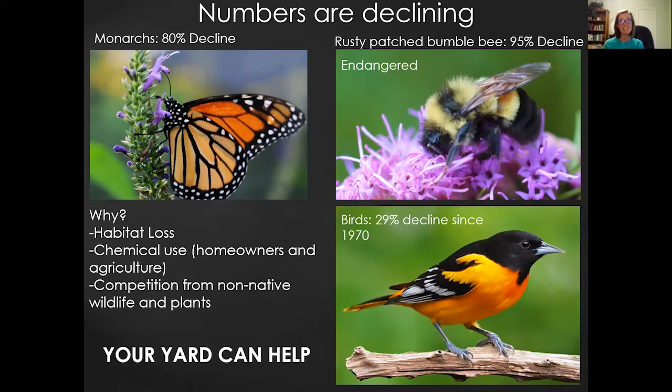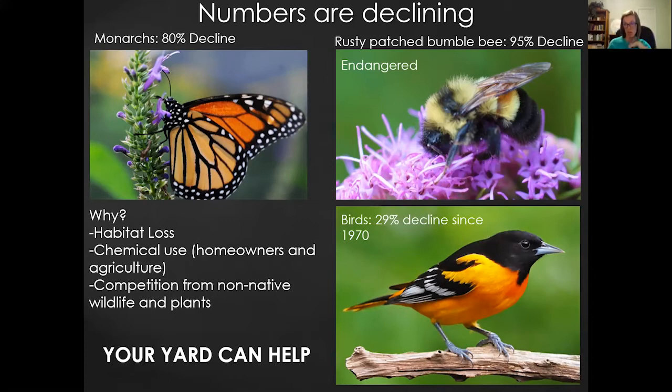And you guys, this isn't going to be a very popular statement, but that can include the European honeybees as well, which are sometimes introducing disease into our native insect populations. So there's a lot of things working against our local wildlife here, but you can help.